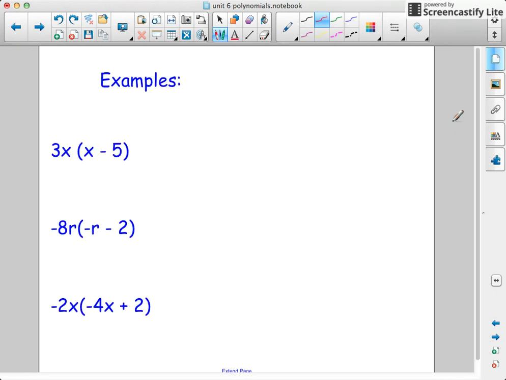So let's go over some examples here. 3x times x, so it's like there's a 1 here. So that would be 3x. Now, there's also like a 1 for the exponents for each of those, so x times an x would be x squared. Then I would do 3x times negative 5, so minus 15x.